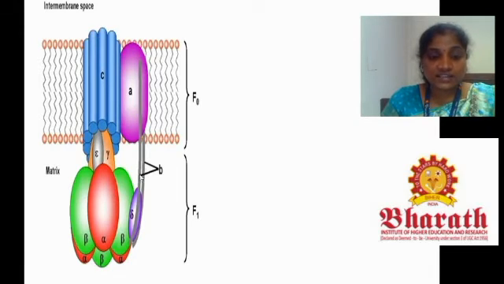So here the B is the subunit which joins the two motors F0 and F1, and the A subunit is the one which connects the B and the C subunit, and the C subunit is made up of 10 membranes. So through the C subunit only the H+ ions will be moving across, and the delta subunit is the one which connects the alpha and beta subunits with the B subunit.